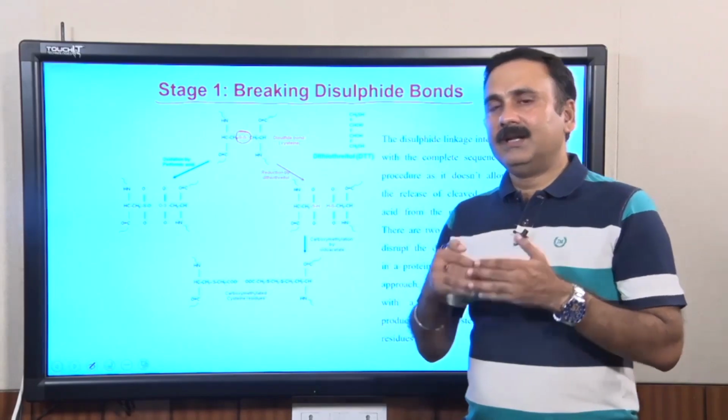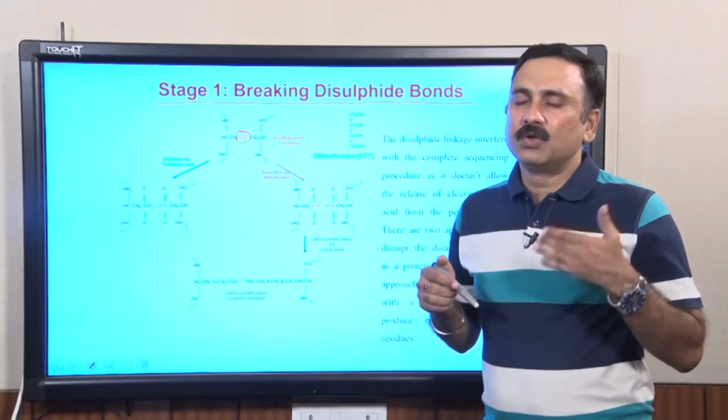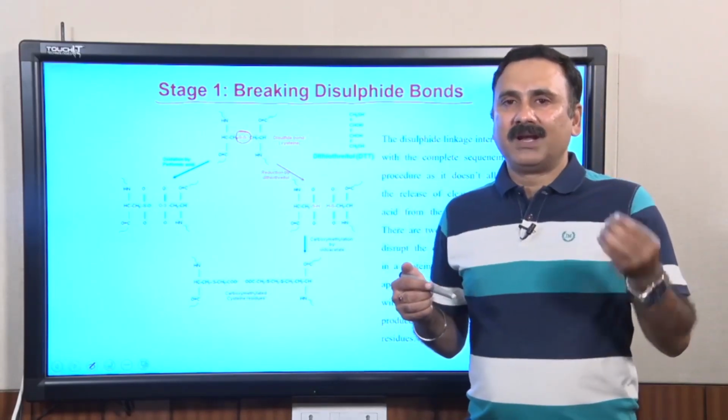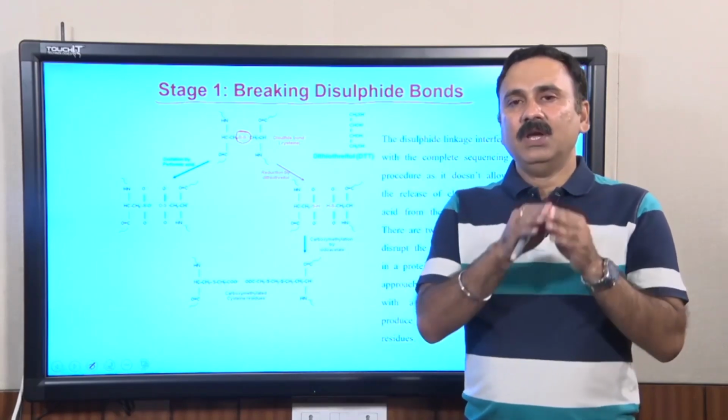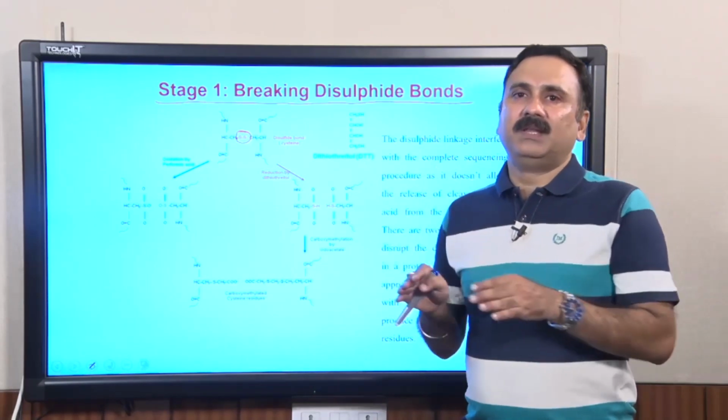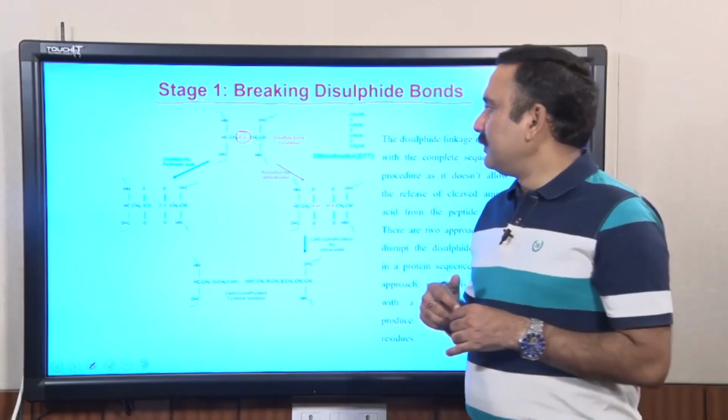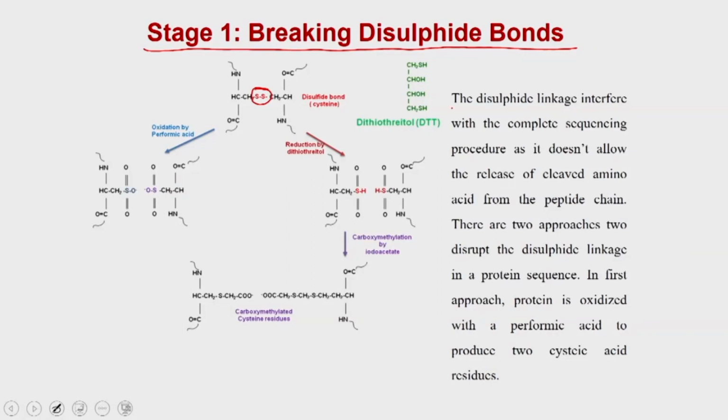On the other hand, the disulfide linkages also interfere in the cleavage of these particular peptides. That is why in the first step itself you have to remove the disulfide bridges. They interfere with the complete sequencing protocol, as they do not allow the release of the cleaved amino acid from the peptide chain.